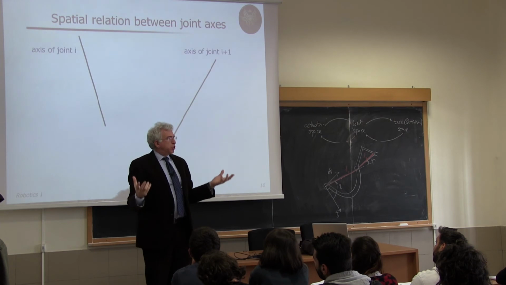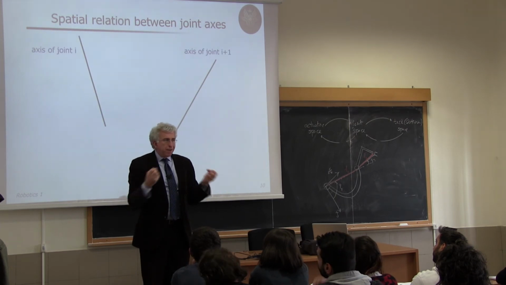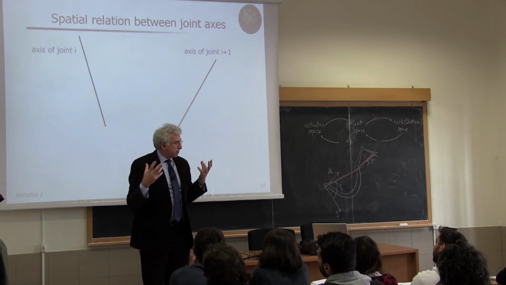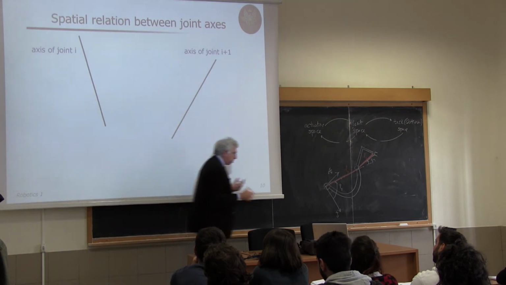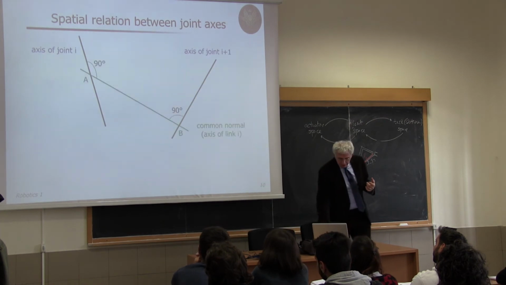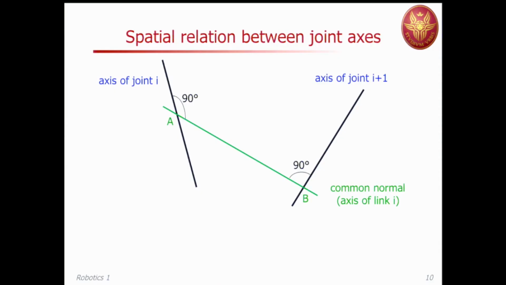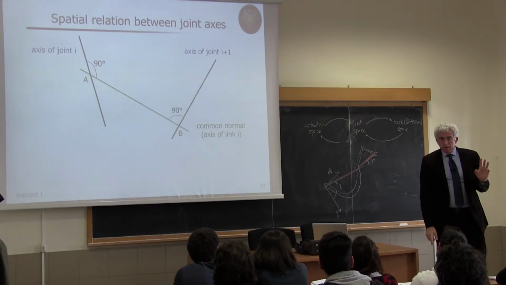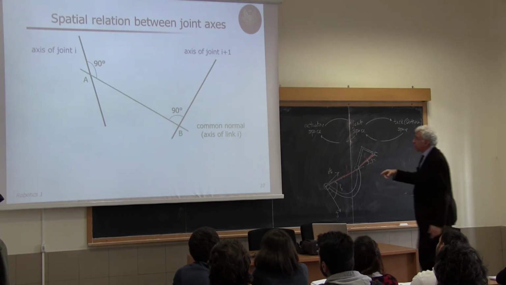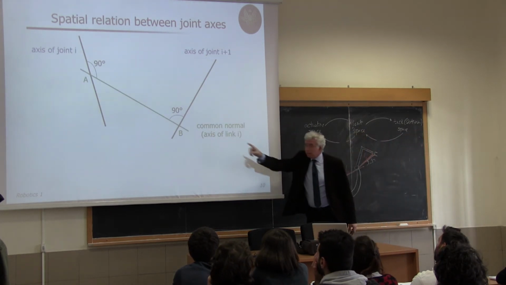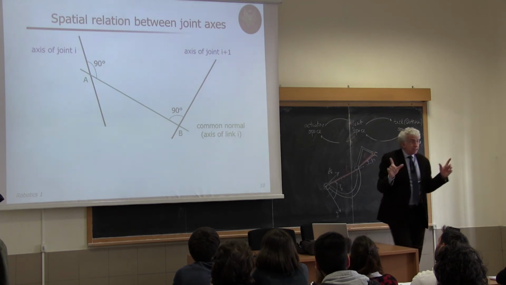Okay, so how do we characterize their relative position in space in a compact way? I don't know if you ever thought about this, but this is the principle of the Denavit and Hartenberg notation. So the first thing that you can do, you take two, in general, skewed axes. You can find a unique common normal, so another axis which is incident to joint i and joint i plus 1 at 90 degrees.